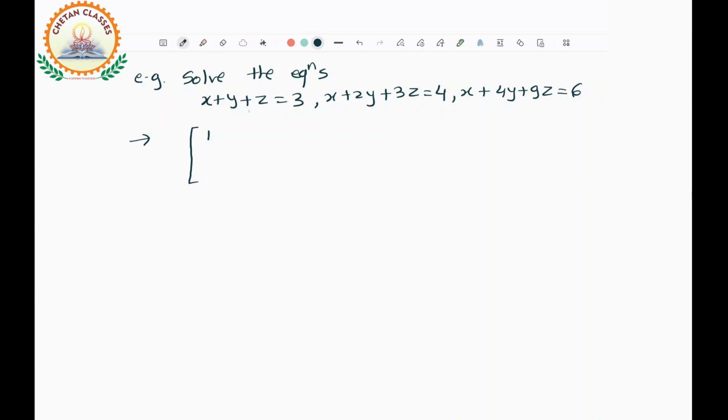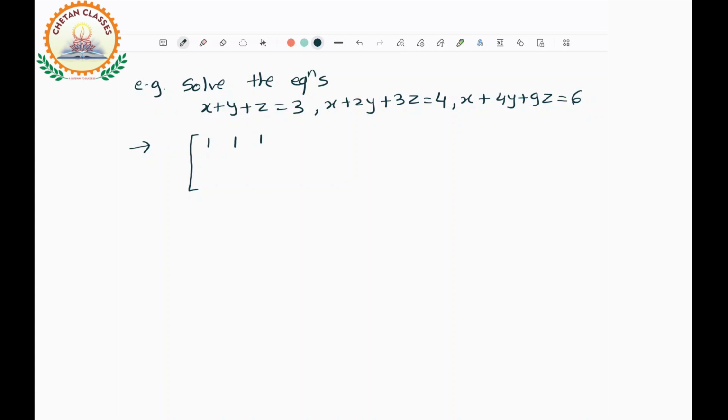So first equation: coefficient of x is 1, coefficient of y is 1 and coefficient of z is 1. Now second 1, 2, 3 and third equation 1, 4, 9. Now write unknowns x, y, z is equal to matrix B is 3, 4, 6.